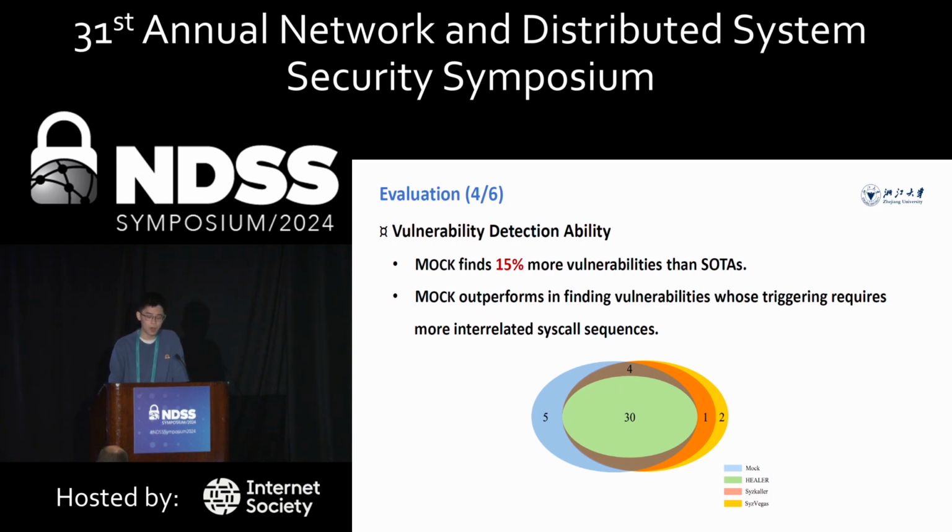To demonstrate Mock's efficiency in vulnerability detection, we conduct experiments on an earlier version of Linux kernel 5.10 and compare the number of unique vulnerabilities reported by each fuzzer. Mock finds 15% more vulnerabilities than the state-of-the-art fuzzers. Besides, Mock has better performance in detecting complicated vulnerabilities that are triggered by no less than 5 syscalls.